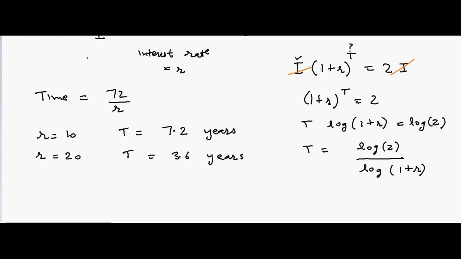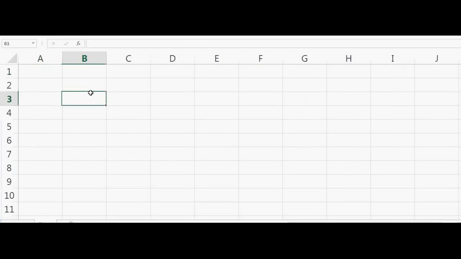Suppose we have R, and we start with 2, 3, 4, 5. This is the rate of interest, and then we have time.